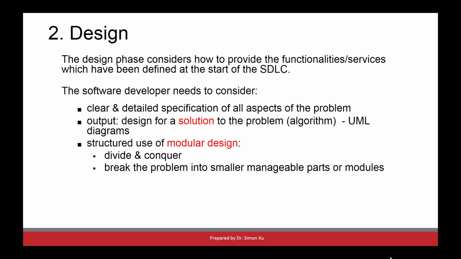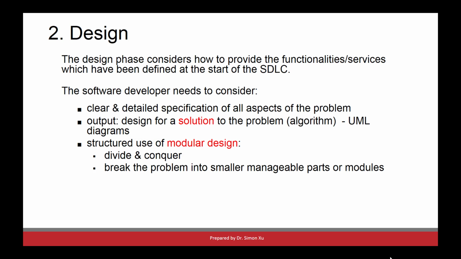Once the specification phase is done with clear, detailed documentation, we move to the second phase, the design phase. During the specification phase, we were trying to understand what kind of functionalities the system should provide. In the design phase, we try to understand how to provide those functionalities.